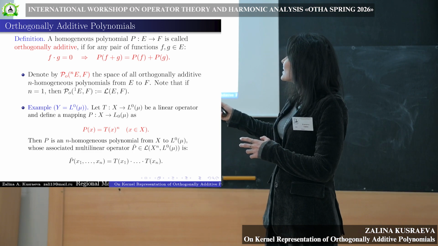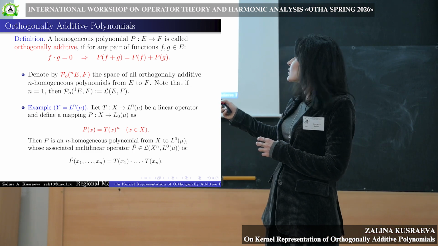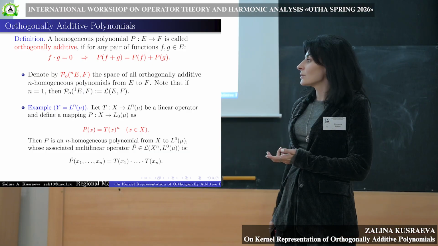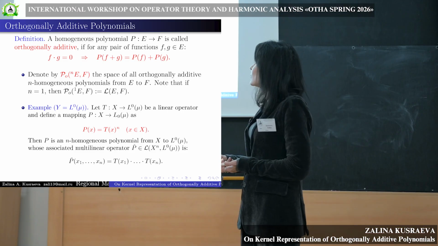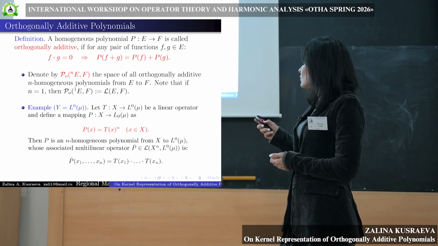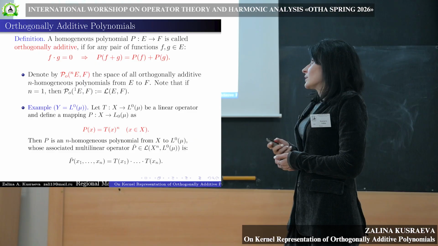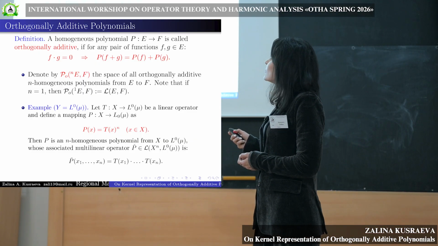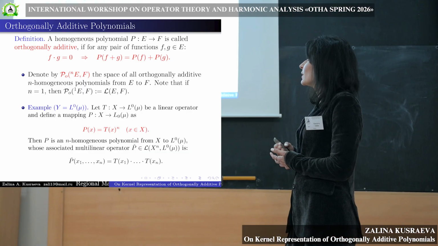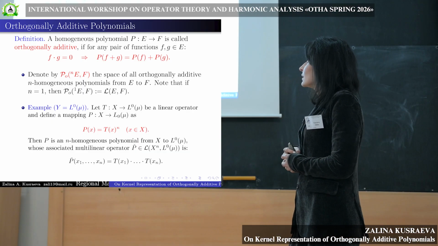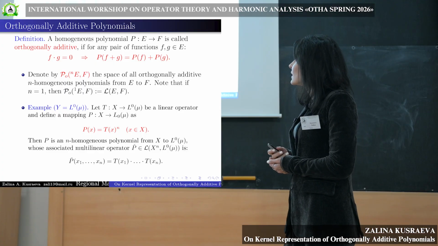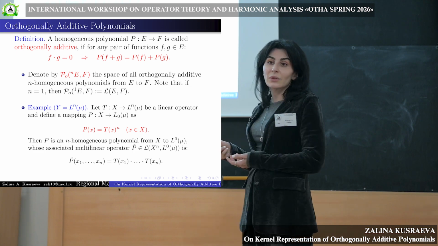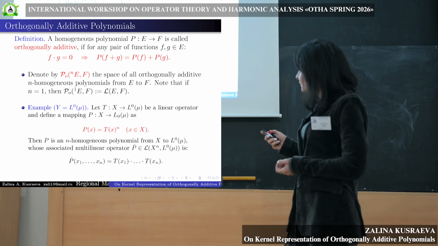This means that the functions f and g, I say functions because we work in ideal function spaces, are disjoint, or one can say the supports do not intersect. By this symbol we denote the space of orthogonally additive n-homogeneous polynomials acting between ideal function spaces E and F, and it is obvious that in the case when n is equal to 1, we get the space of linear operators from E to F.